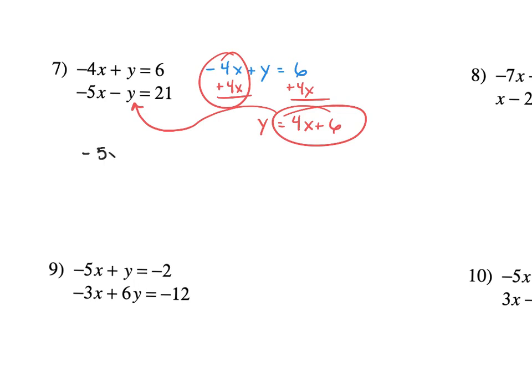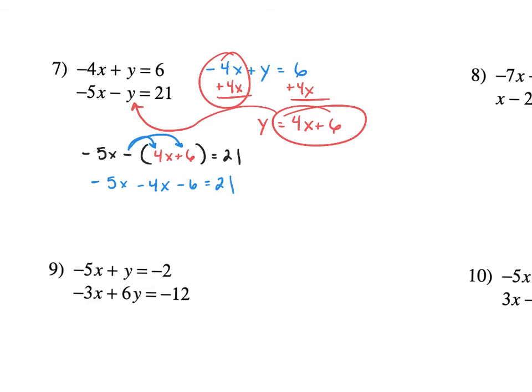So I go negative 5x minus, remember parentheses when you substitute. Here comes my 4x plus 6, end my parenthesis. And now I have an equation with only x's in it. Now be careful here, I have to do the opposite of all this because there's some distributing going on. So my next line looks like negative 5x minus 4x and minus 6 equals 21.